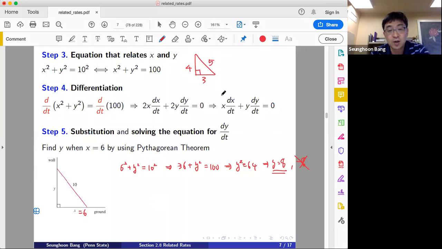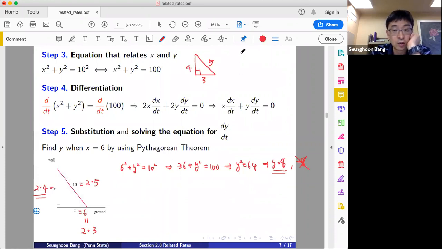The 10 is 2 times 5, the 6 is 2 times 3, so automatically y is 2 times 4. Either one is fine.